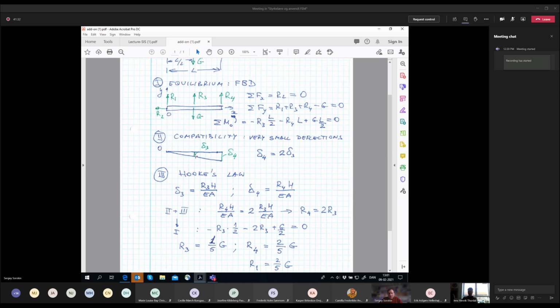So here you just use your common sense, and it's not rocket science to say that this point goes downwards, and we may neglect horizontal deflection, and this point goes downwards, and we may neglect horizontal deflection. So this is your common sense.